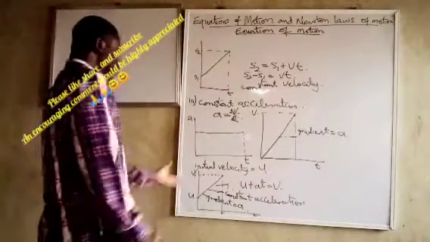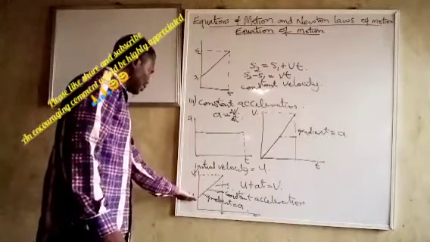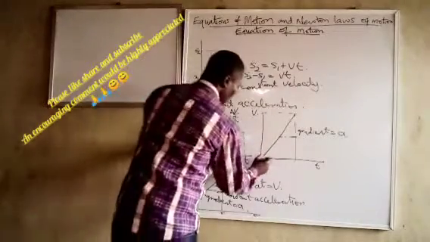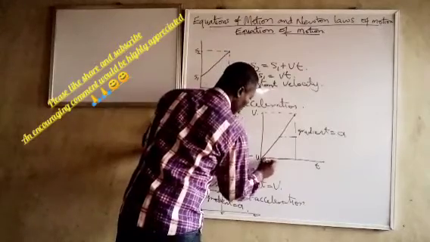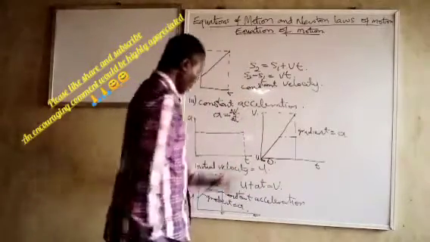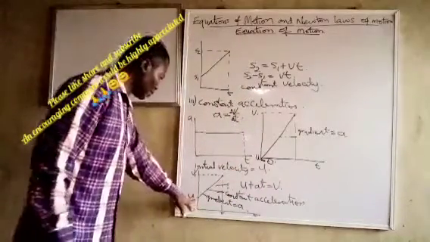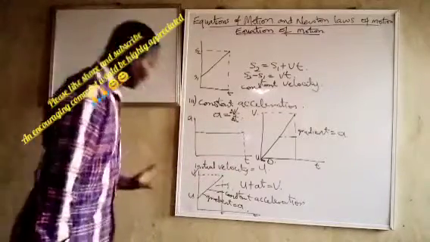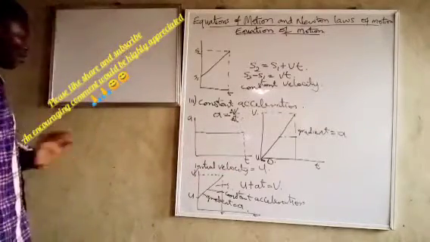Now, since we can get our velocity time graph, this one is for when initial velocity is equal to 0. You can see. But when the initial velocity has value, this is how we draw it. Now, let's take this as our model for calculating.